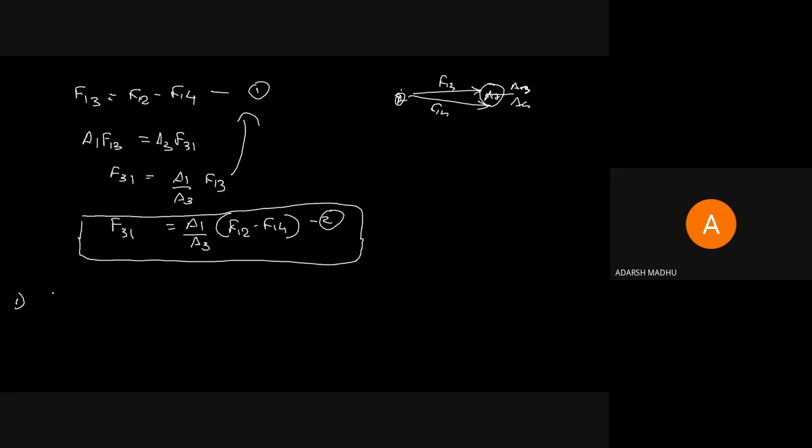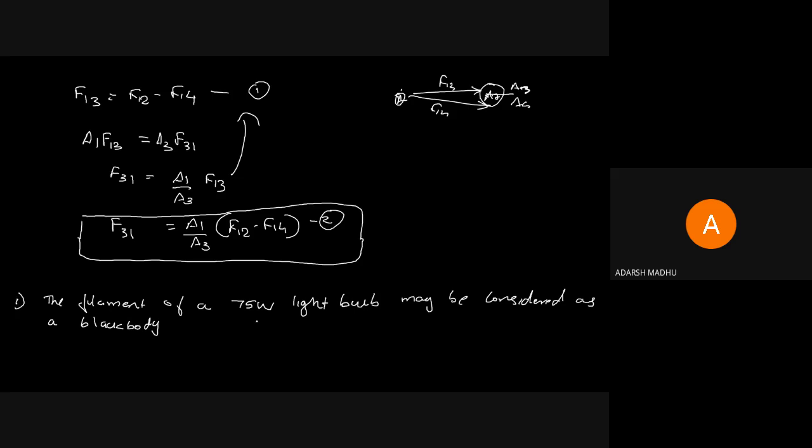The filament of a 75 watt light bulb may be considered as a black body, radiating into a black enclosure at 70 degrees Celsius.